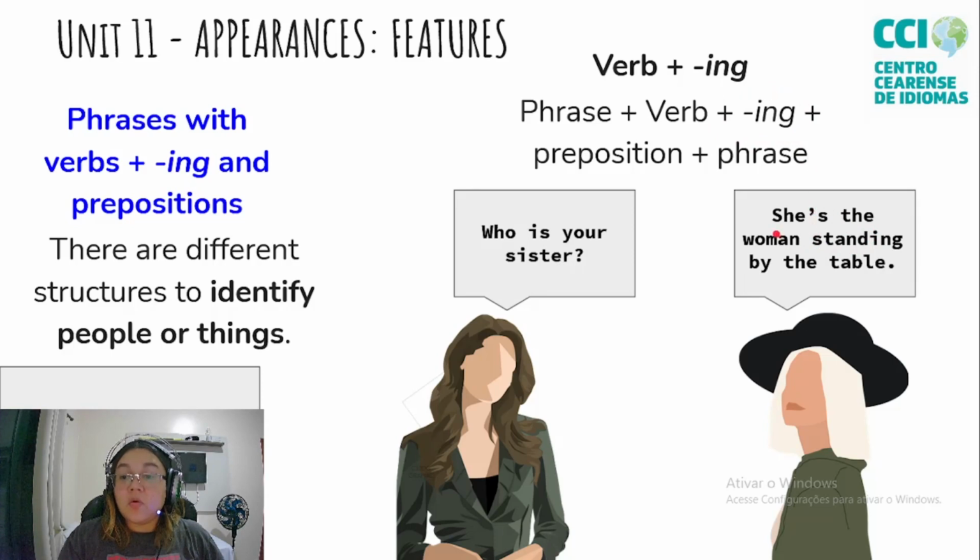So she is the woman standing by, where by is the preposition, and the table is the phrase. So she's the woman standing by the table. It's this structure right here.